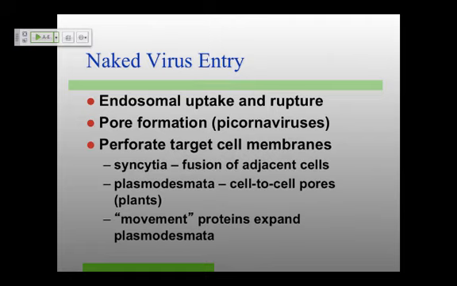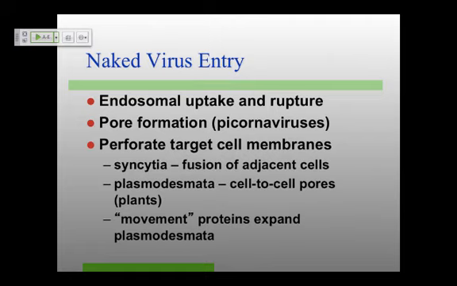Curiously enough, a lot of viruses actually express proteins which cause membrane fusion. It's not terribly surprising, but this is probably one of the best examples of how a virus protein has been co-opted for cellular evolution.